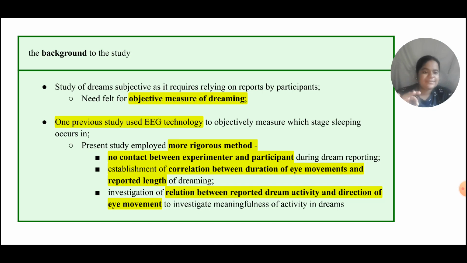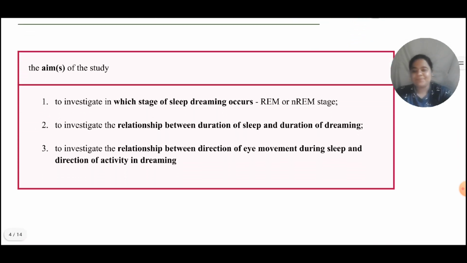So they wanted to establish an objective measure of dreaming to as great an extent as possible. Not only to find out when a person is dreaming, but for how long he is dreaming and what he is seeing in the dream content as well. So this was an ambitious study that they had come up with.